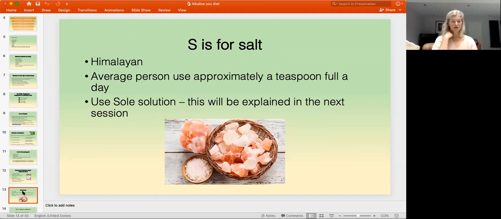Then we move on to salt. Now, when I learned all about this, I was very relieved to hear that salt is actually okay for us, good for us, providing we don't have too much of it, because it's something I love. Something I particularly like is Himalayan salt sprinkled on an avocado with a little bit of chili flakes. I love that. So my personal preference is Himalayan.